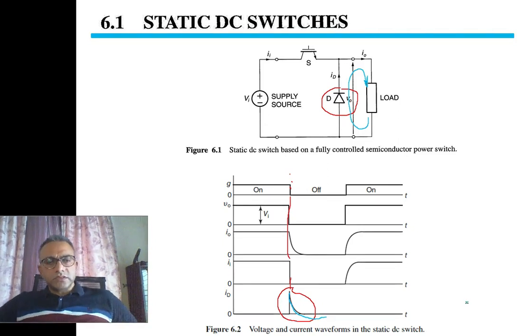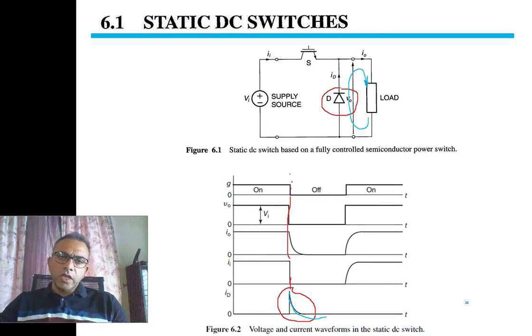This circuit 6.1 is our normal DC-DC step-down converter, also called the buck-type converter. The output voltage is a function of input voltage and the duty ratio.